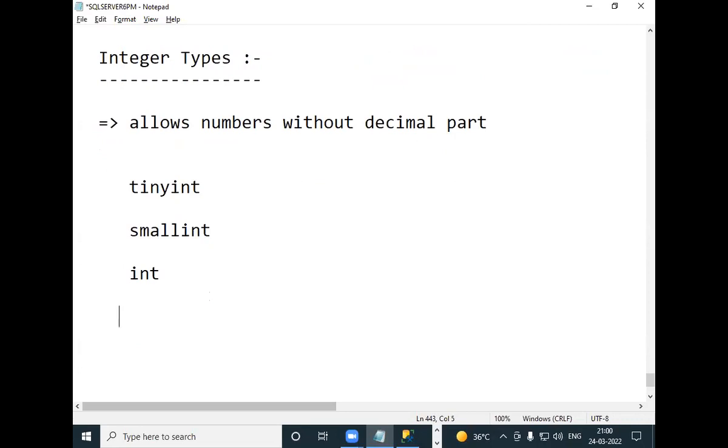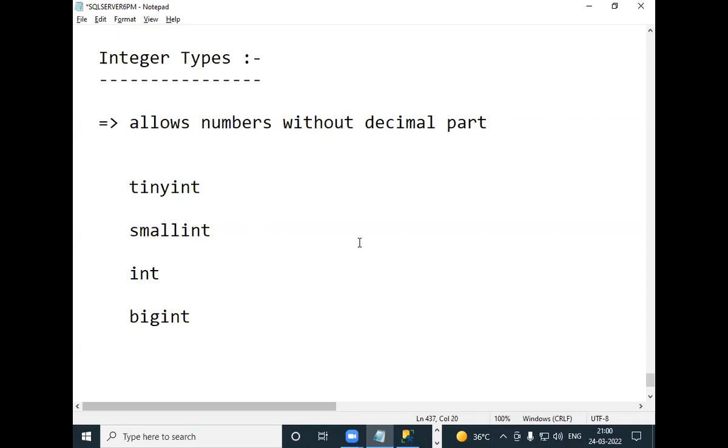Another one, bigint. Tinyint, smallint, int, bigint. 4 integer types.